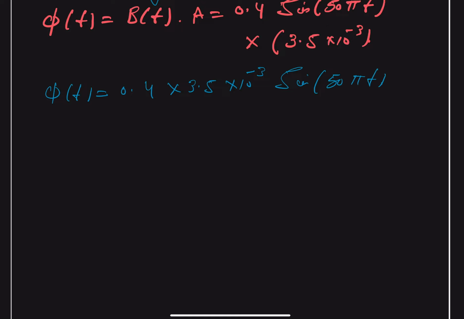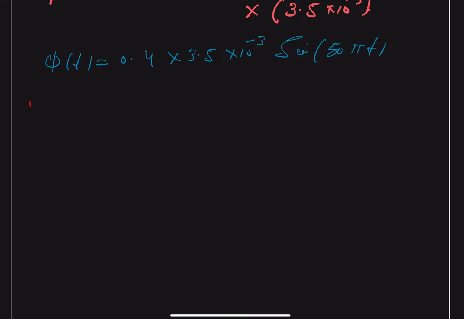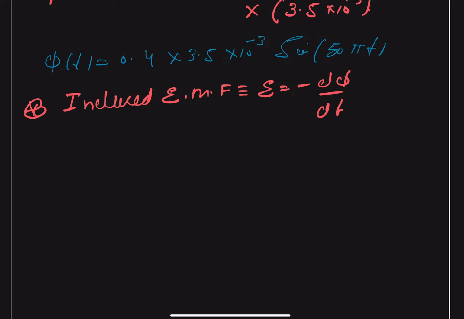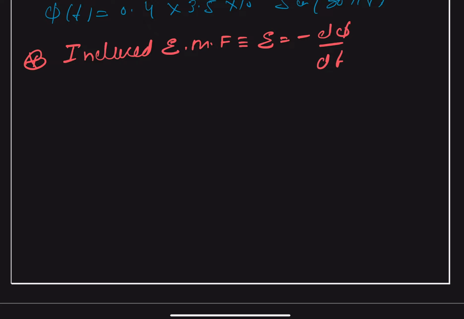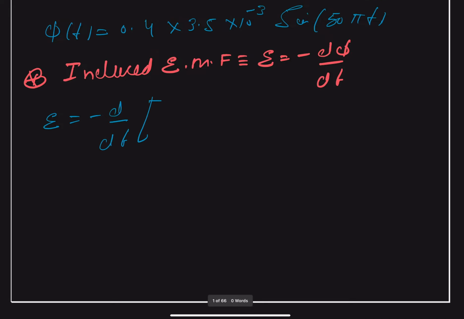Now we can find out the induced EMF. Induced EMF will be equal to minus d phi by dt, and this is also time dependent, so we can write induced EMF will be equal to minus d of dt, and we already know the formula for the flux. So this is 0.4 into 3.5 into 10 to the power minus 3, and we have sine of 50 pi t.